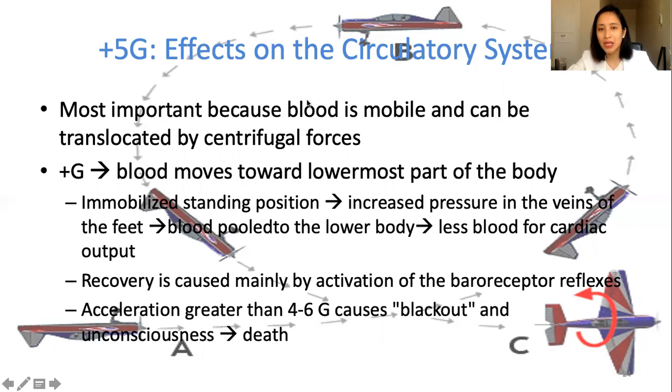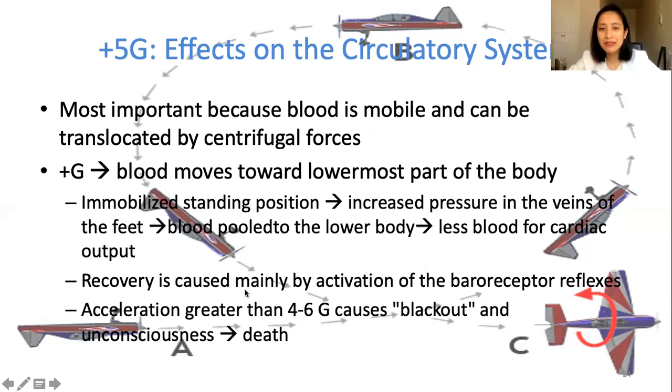So for example, if the water is blood, if you swing it like that, it has an impact on where your blood goes. So for example, if it's positive G, you move up this one. The blood moves toward the lowest portion of the body. Okay? Can you imagine that?